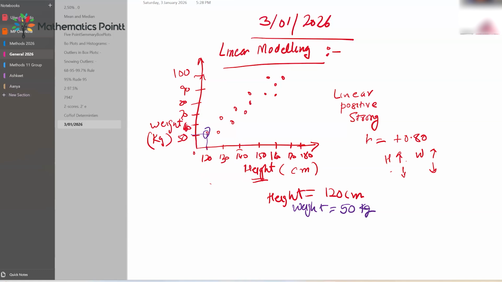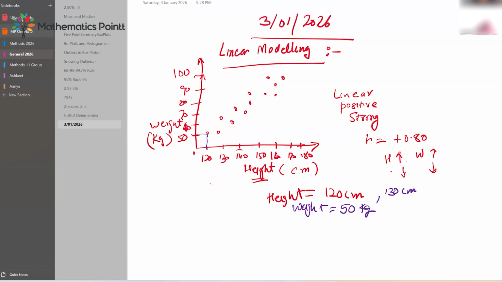Cool, this was fine. Now, I ask you, tell me whether you have the weight of the person with height equals 130 centimeters.